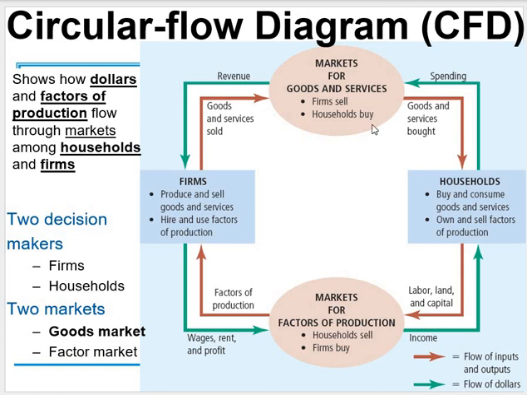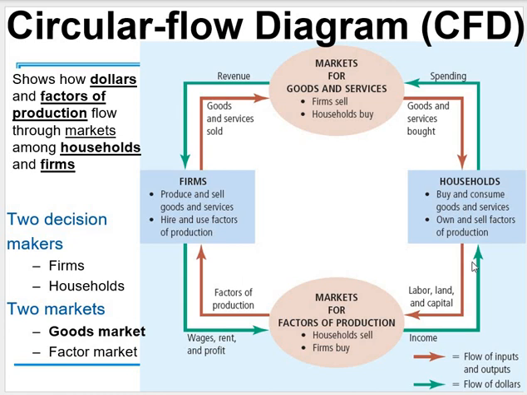However, there's another type of markets that we might not be quite aware of. It's called a factor market, right? And the factor market is short for markets for factors of production. So these factor markets could be the copper markets, right? And also the labor market.